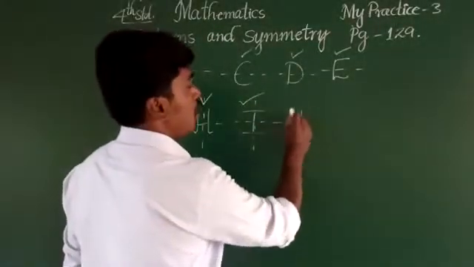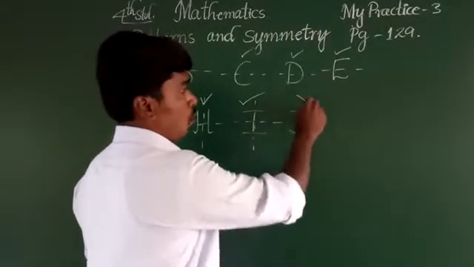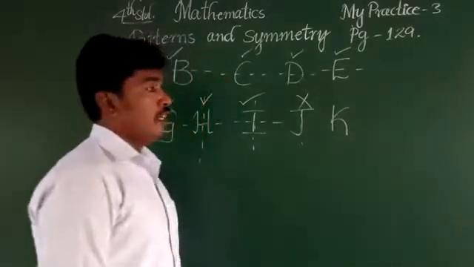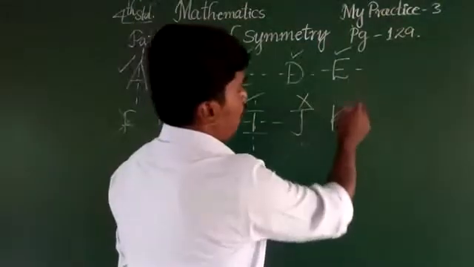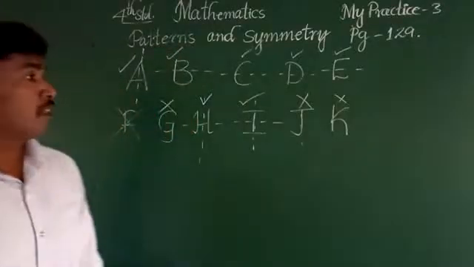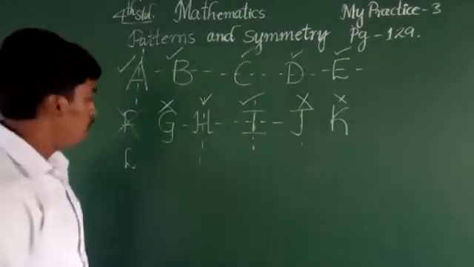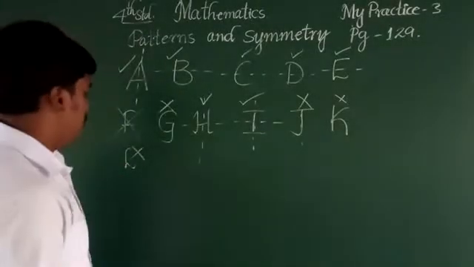J, does J have a line of symmetry? No. K, does it have a line of symmetry? Do top and bottom exactly fit? No, it will not fit. L also does not have any line of symmetry.